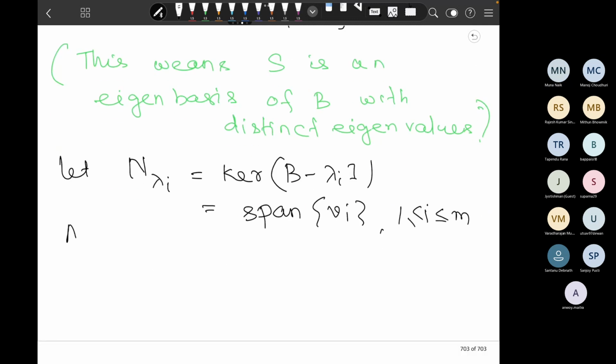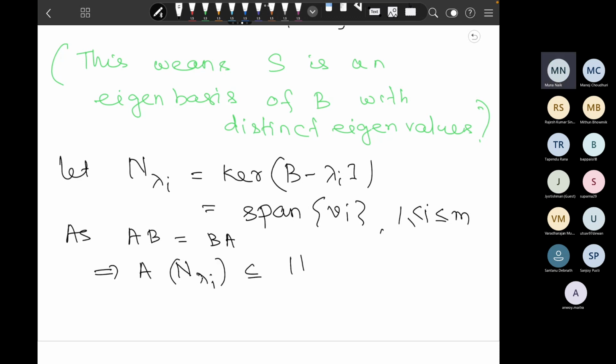Now as AB is equal to BA, that implies A of N(λ_i) is contained inside N(λ_i) by the previous proposition.